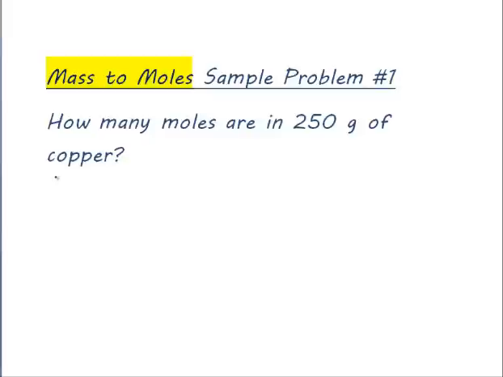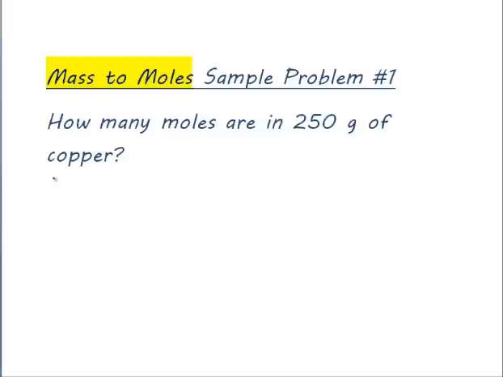You may recall that copper is one of those elements whose average atomic mass we do not round off to the nearest whole number. Copper's average atomic mass for our purposes is 63.5 AMUs. Well, that's for a single copper atom. I'm not interested in the mass of a single copper atom. It's far too small for me to work with. So what I really want to know is, what's the mass of Avogadro's number of copper atoms?